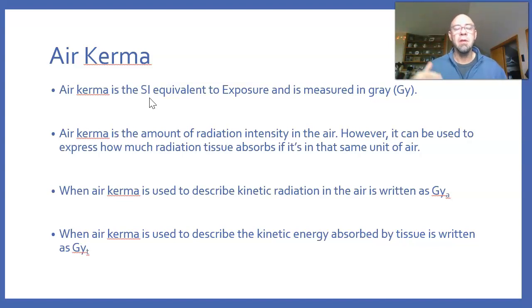There will be a certain amount of radiation in that air, and that's how we would measure that. Whenever we're dealing with air kerma, we say that it is measured in gray. A lot of times when we're dealing with x-ray, we're dealing with a small amount of grays, so we call them milligrays. So air kerma is just the amount of exposure in the air in a particular area, and we measure it in gray.